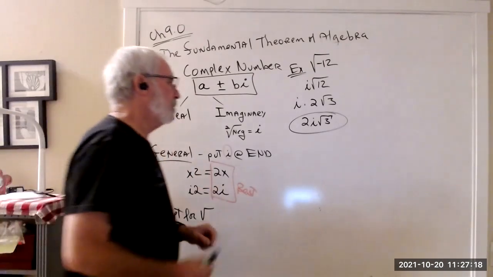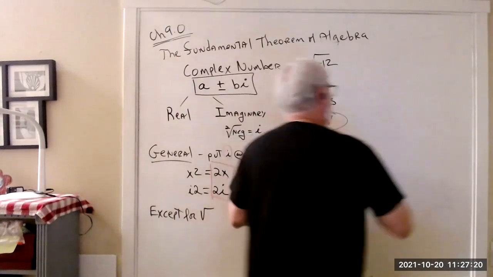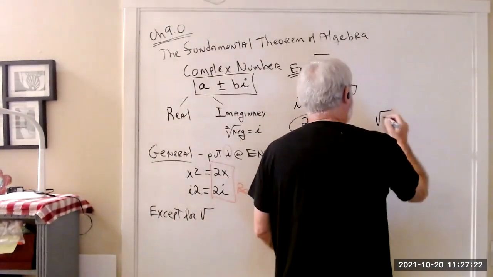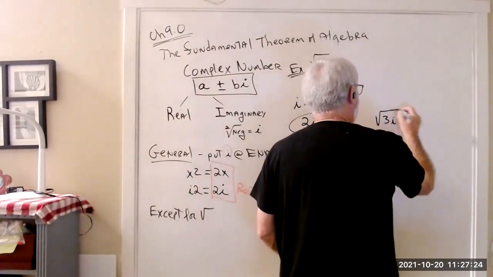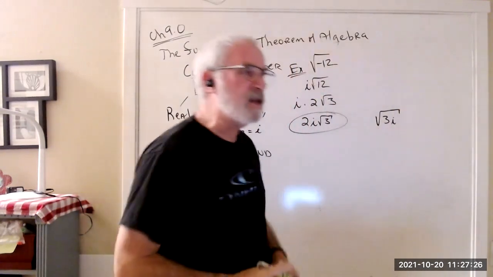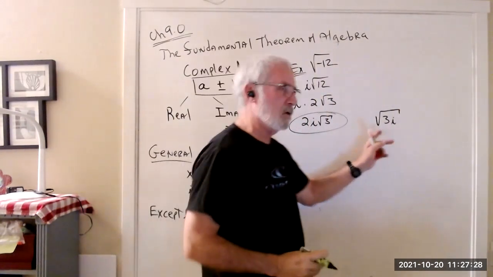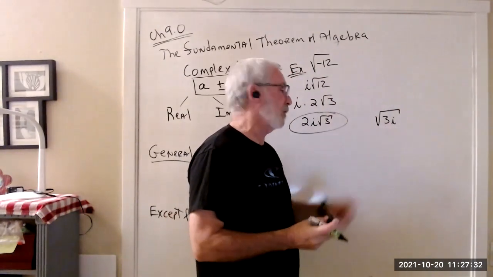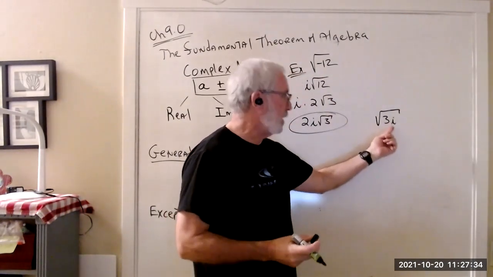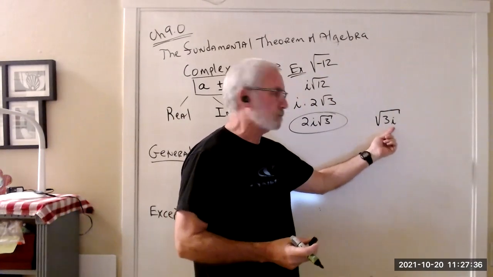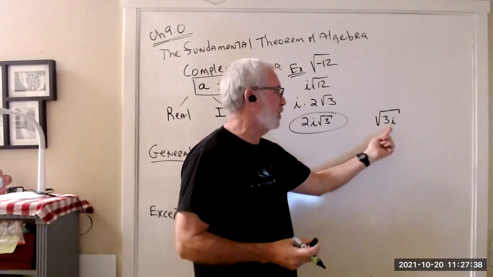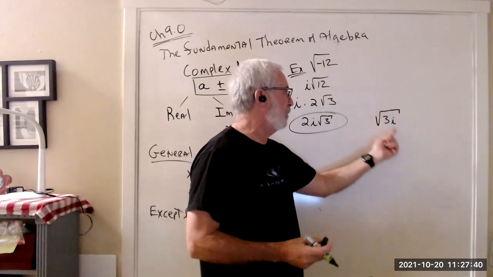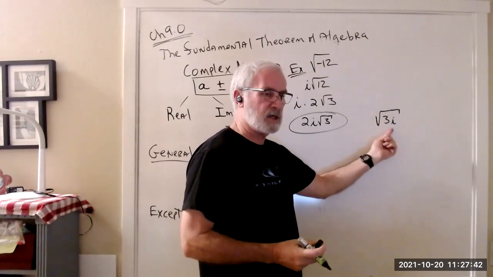Why? Because you will find there is a time when we will have i inside the radical. When you hit pre-calculus, you might end up with a problem asking you for the square root of 3i, where the i is inside.